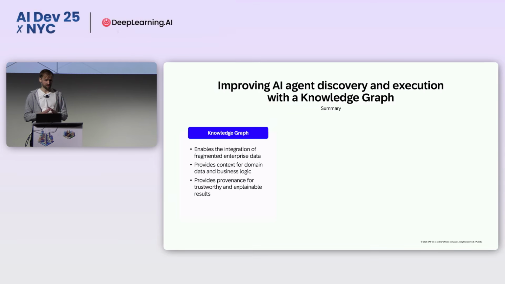Let me now get to a summary of what we've shown you today. I hope we've shown you that the knowledge graph is a good place to aggregate your metadata. Typically you would have metadata in different places, and we use a knowledge graph to link it all together, to make it usable in a harmonized way, and also to benefit from the links that we maintain in there.